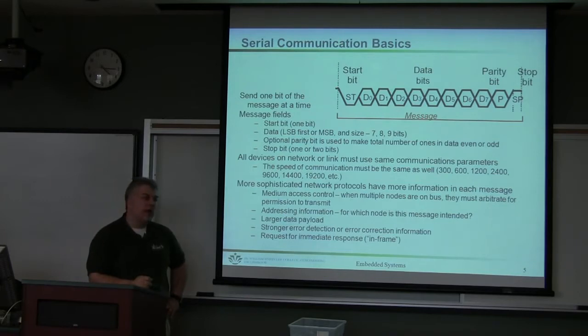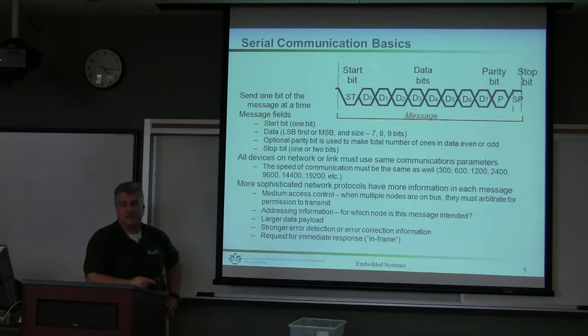So, when you're talking about communications, you're talking about sending specific data in an organized way. So the way we organize this in most serial communications is that we worry about sending a byte. Now imagine this. If I want to send a whole bunch of bytes from one machine to another, obviously you're going to have to line up and say, here comes the first one, here comes the second one, here comes the third one, here comes the fourth one, here comes the fifth one, rather than just saying, all right, I've got 64 bytes I'm going to send.